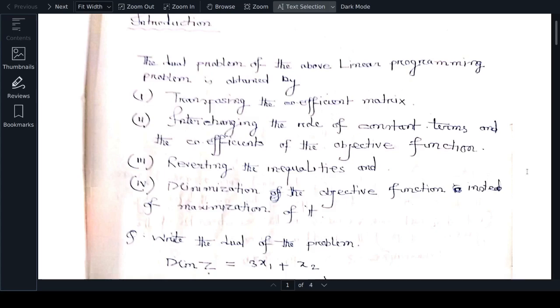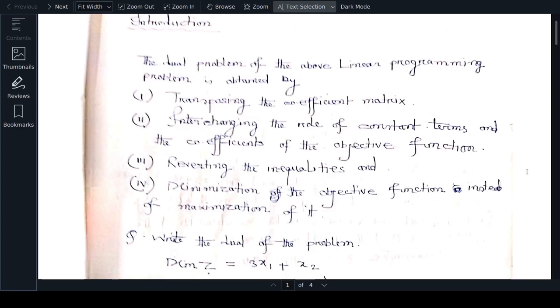So this is the rule for how to write the dual of a problem. The original problem, the given problem, is called the primal. And when we convert it, it is called the dual of the problem.